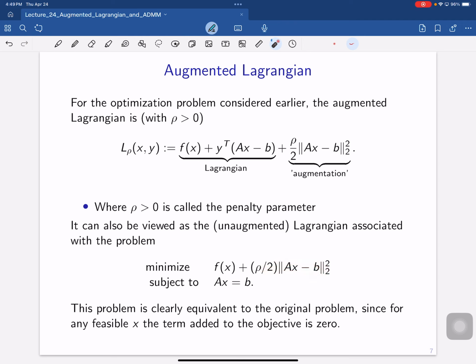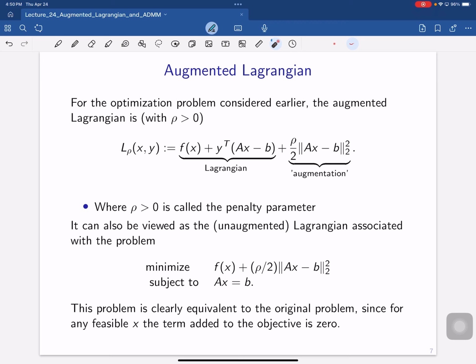So this is like adding a redundant term to the objective, right? Any feasible solution will get 0 penalty. Right, so you can view it as applying the Lagrangian to the same problem, right, with some sort of trivial reformulation. Okay. Now with that, we can use the dual decomposition and apply it to this problem, right?